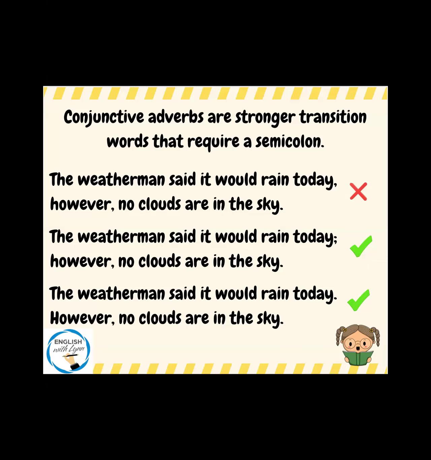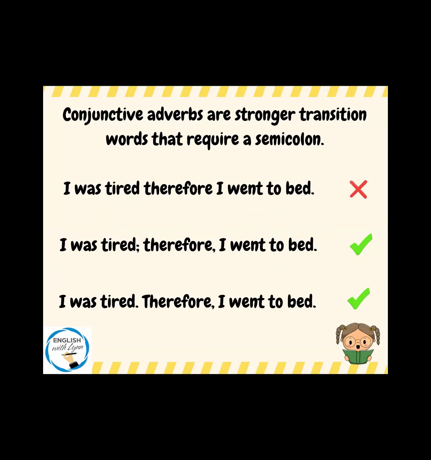And the next example that I have is a run-on sentence here. I was tired, I went to bed. Two main clauses, they are linked with therefore, but because therefore is a conjunctive adverb, not a conjunction, I can't use it to link main clauses without any punctuation.